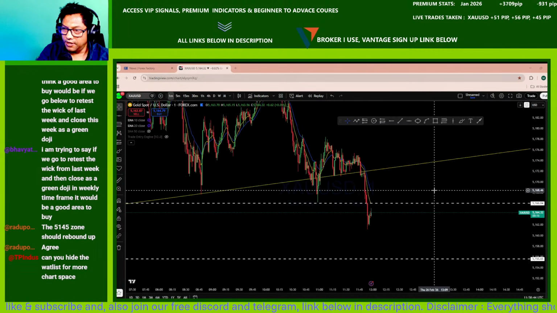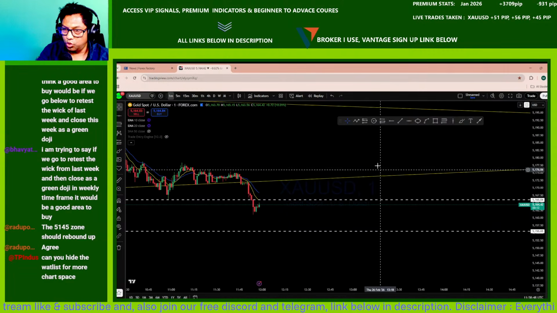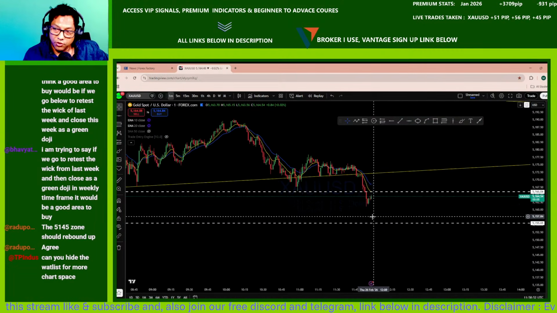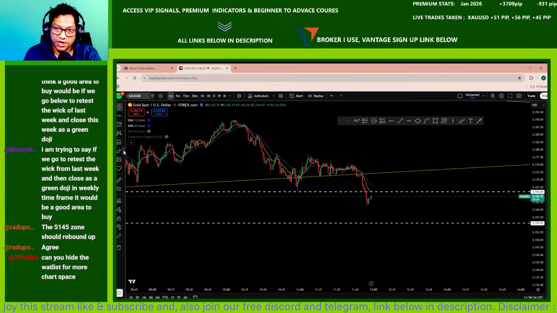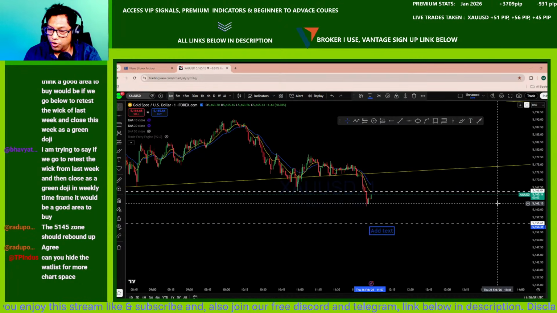Now you want to buy from a zone where you have a much higher chance of a reversal. At the moment, if you look at this is the daily, I'm just marking it out on the chart, this is the point of the multiple time frame.